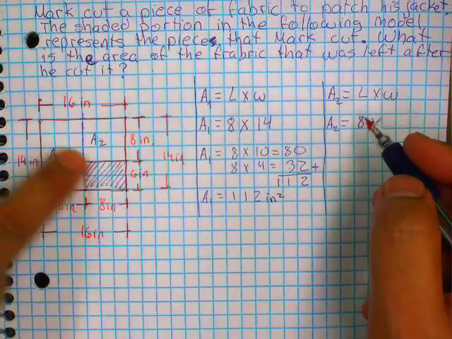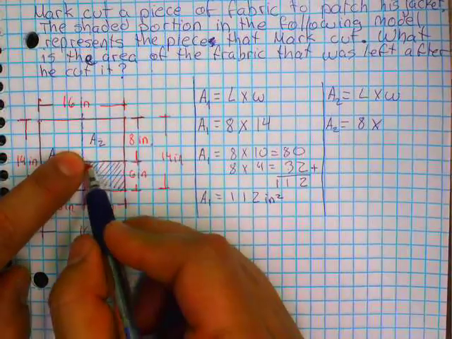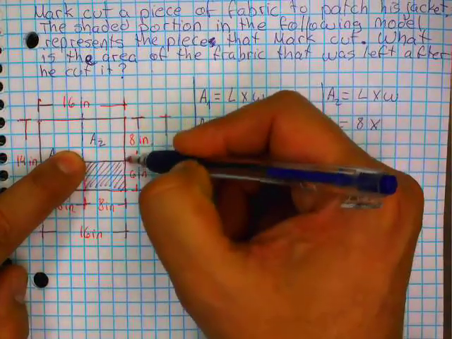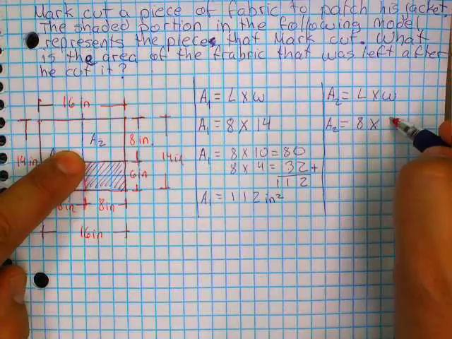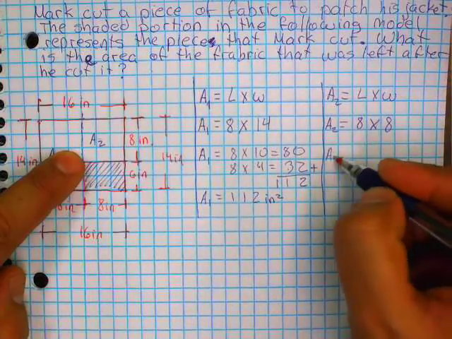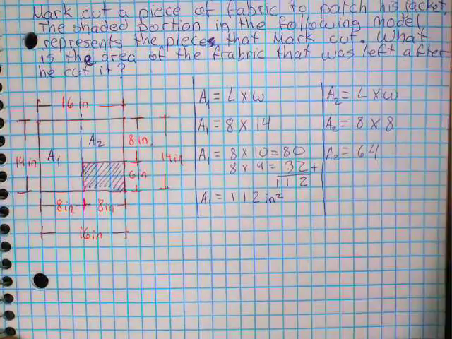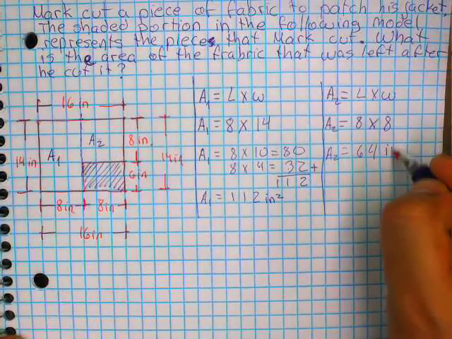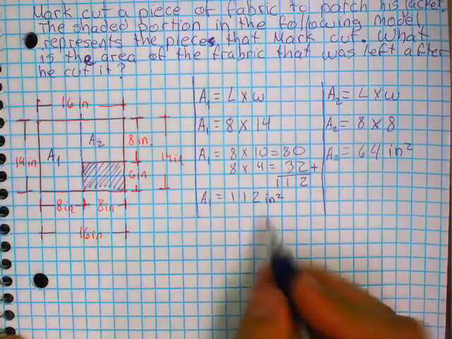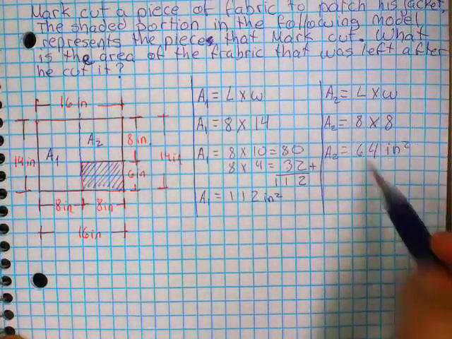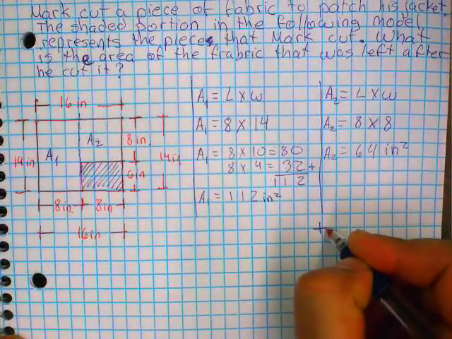It's a square. If you notice, it's a square. So if the length is 8, the width on this side, right here, is also 8. So area 2 is 8 times 8, 64 square inches. So now that I know area 1 and I know area 2, I simply have to add.